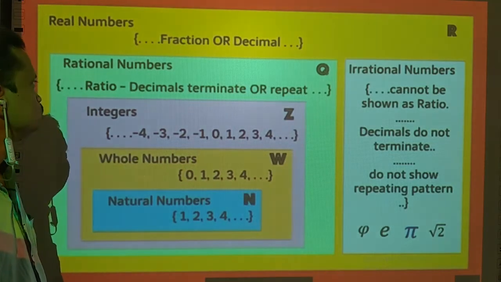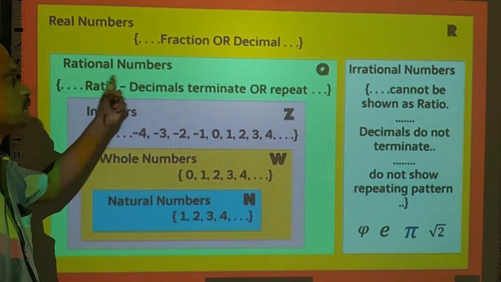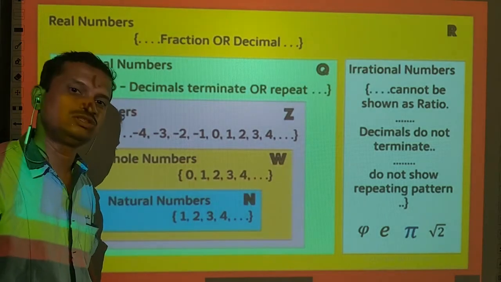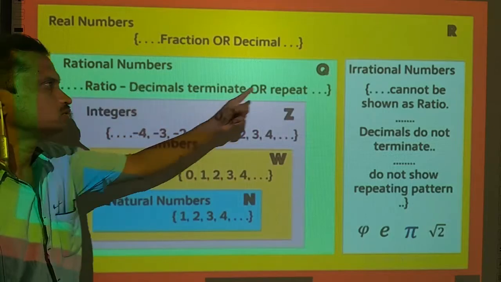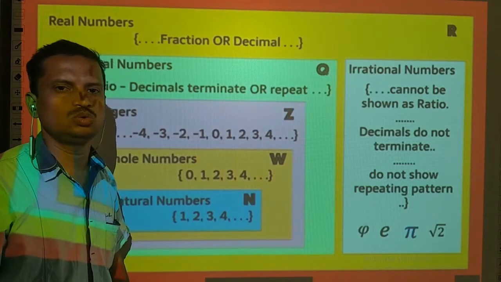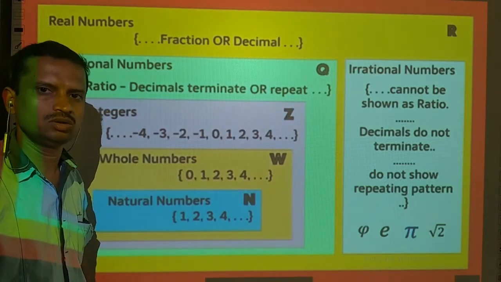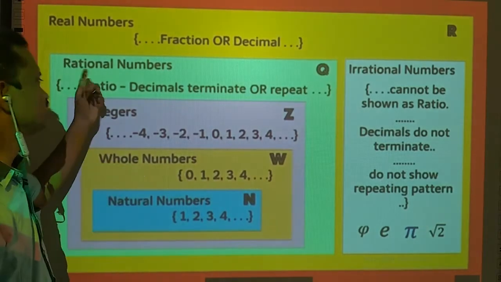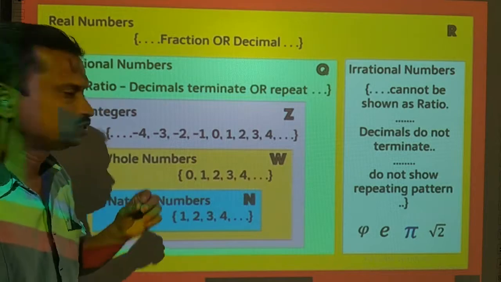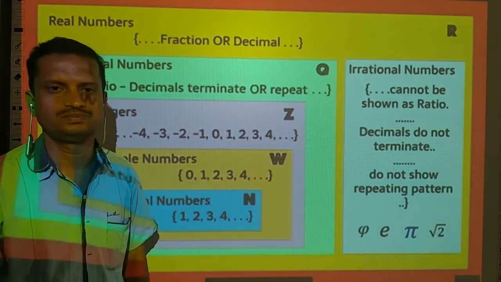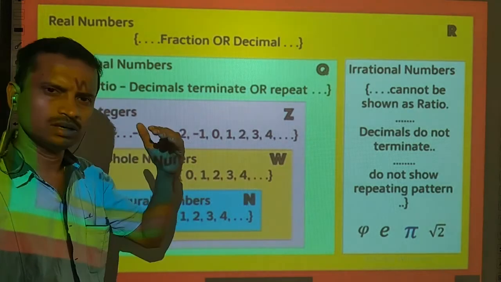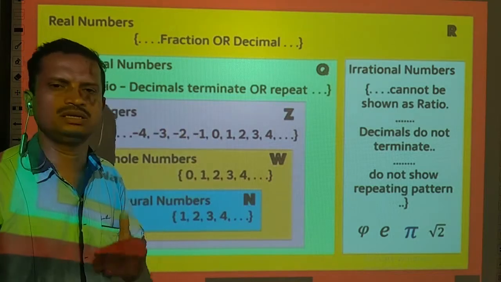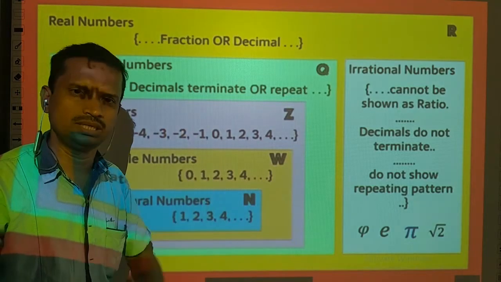And then coming to rational numbers, that is the first chapter of 8th standard. Letter Q is used to denote rational numbers. The word rational comes from the word ratio. Ratio means 2:3, you can write as 2/3.